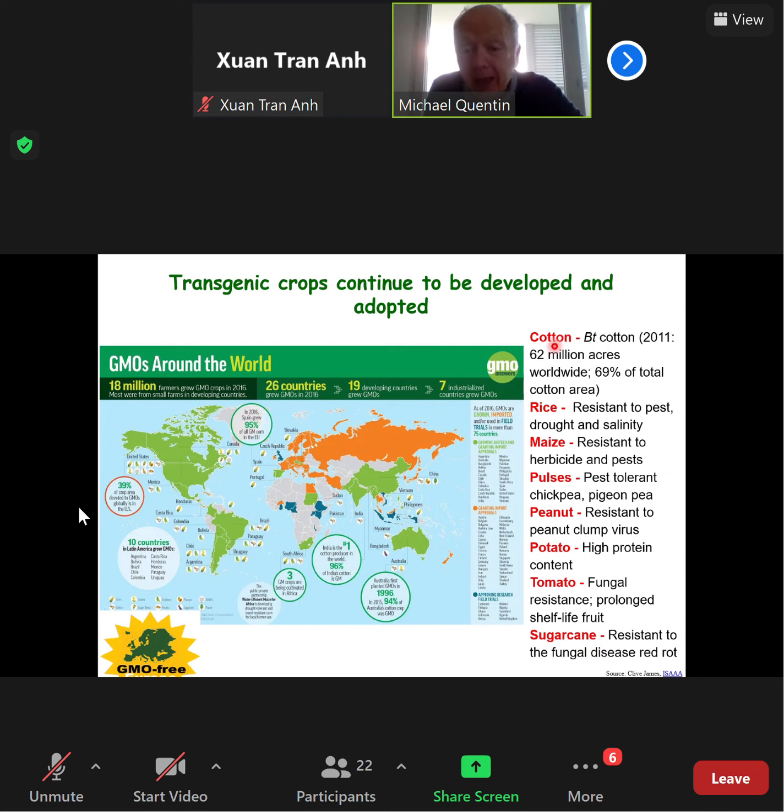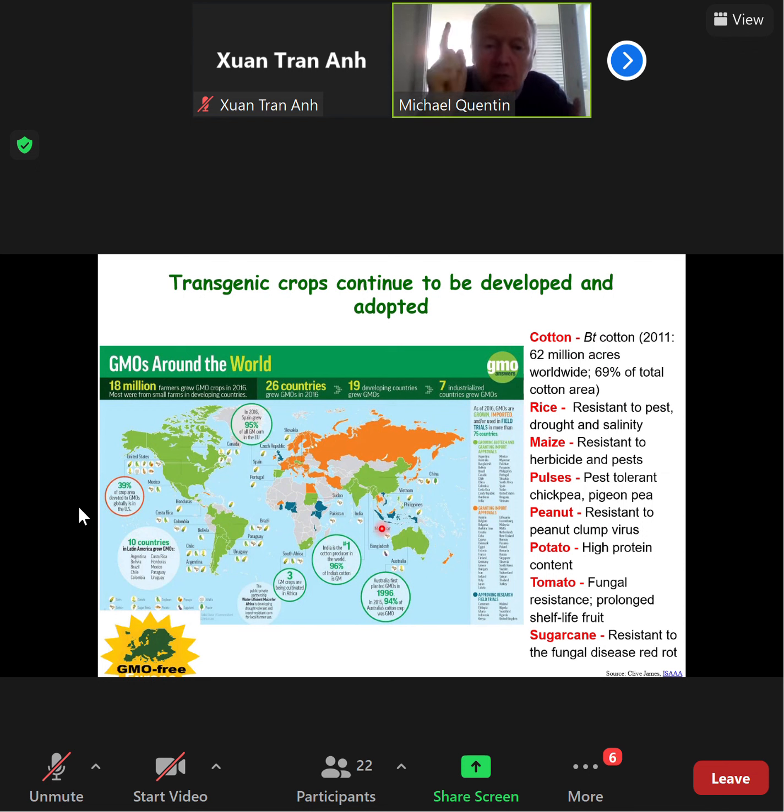Those are the main GMO crops that are grown in those countries where it's allowed to grow GMO plants without too many restrictions.